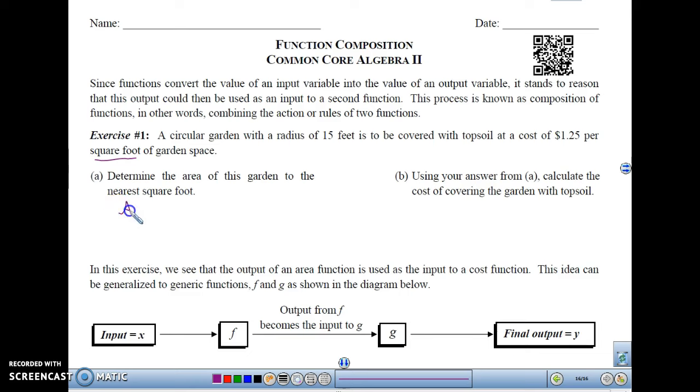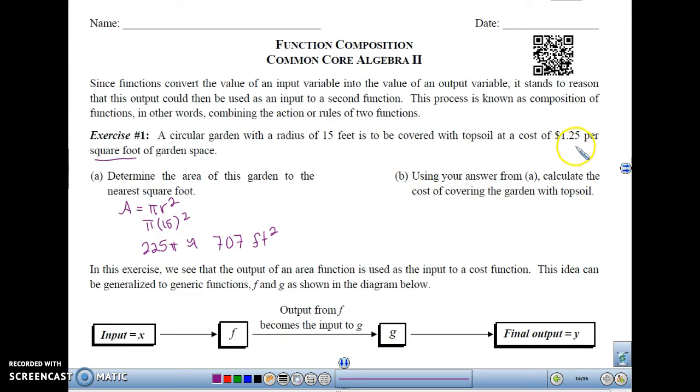No. We have to know what the area of the garden is first. So remember, area from geometry is pi r squared. We have the circular garden with a radius of 15 feet, so it's going to be pi times 15 squared, which is 225 pi square feet. And that's approximately, to the nearest square foot, if you put that in your calculator, 707 square feet.